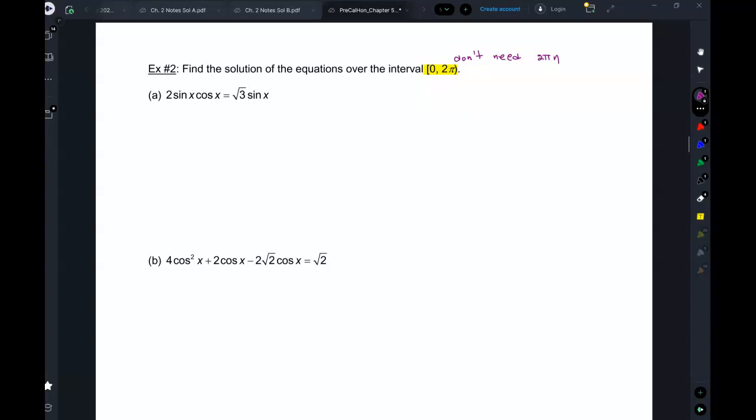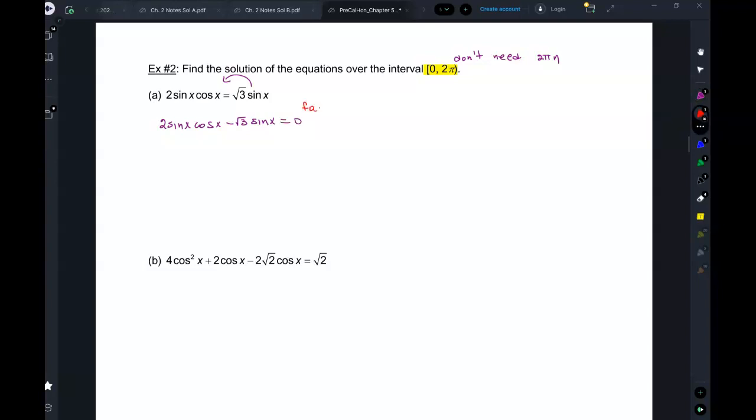So you're getting rid of information. Instead, what we do is just like any other equation, take everything to the same side and factor. Okay? So bring this to this side, so I get 2 sine x cosine x minus root 3 sine x equal to 0.